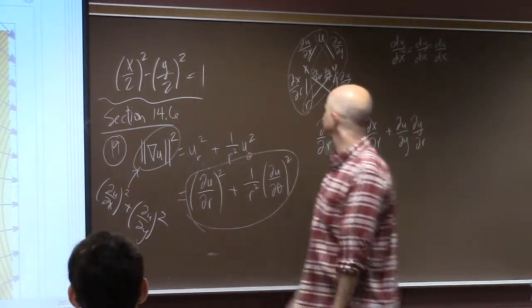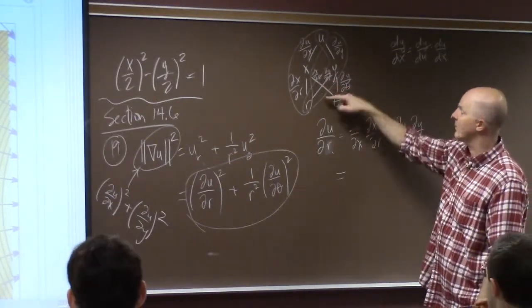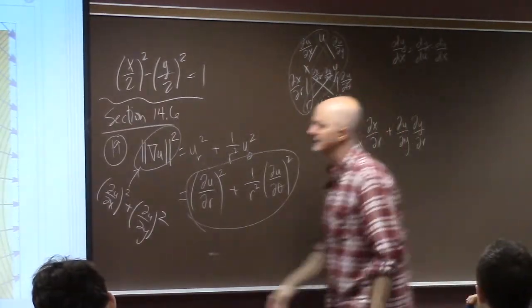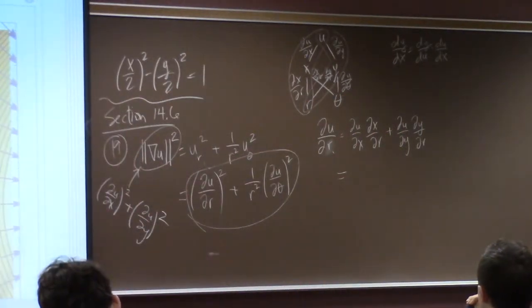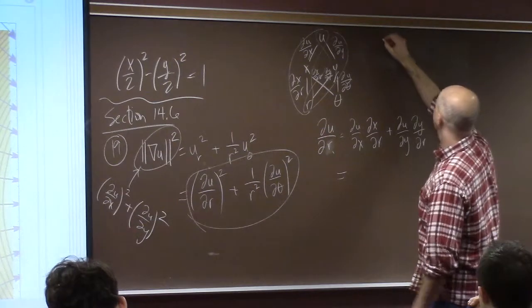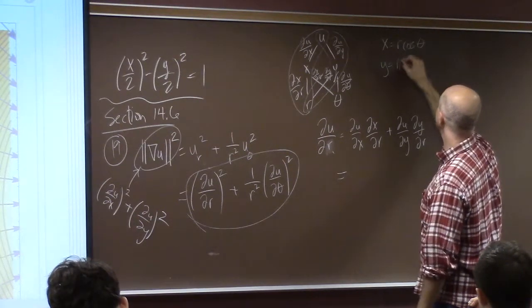Again, we're thinking about this in the context of polar coordinates. So the dependence of x and y on r and theta is definite. We've got definite formulas here. Let's erase the one variable version up there. x equals r cos theta, y equals r sine theta.